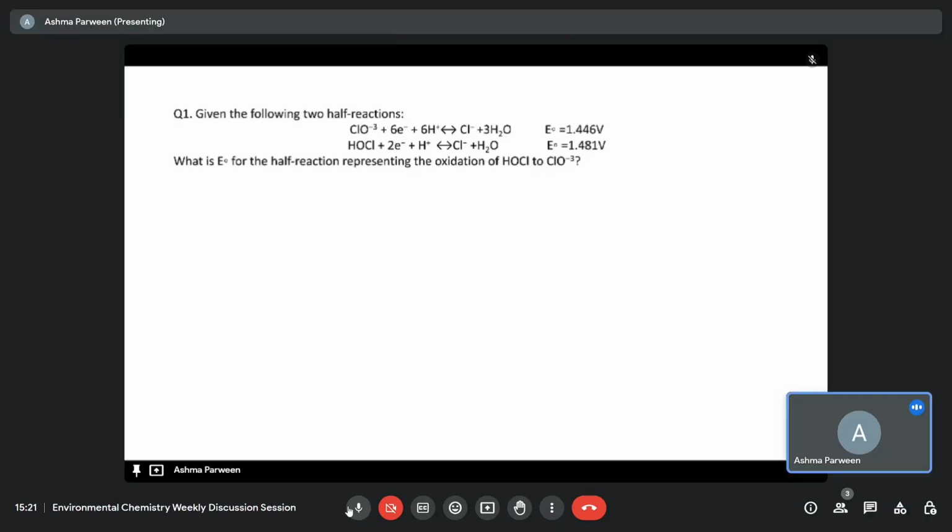Any answer till now? So let's see how to solve this question. It is a pretty straightforward question in which we have been given two reactions and we have to find out the E naught for a particular reaction.